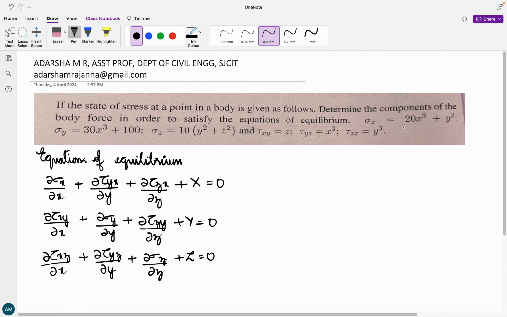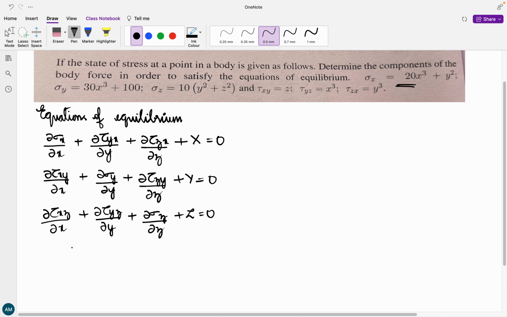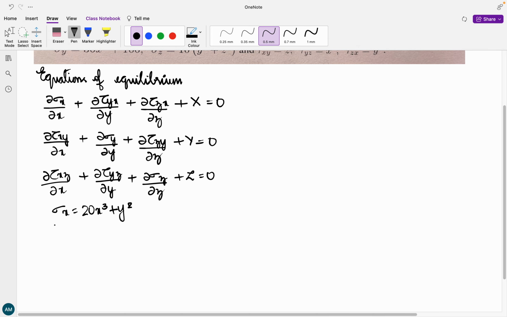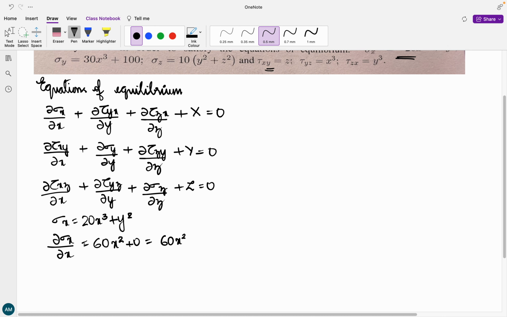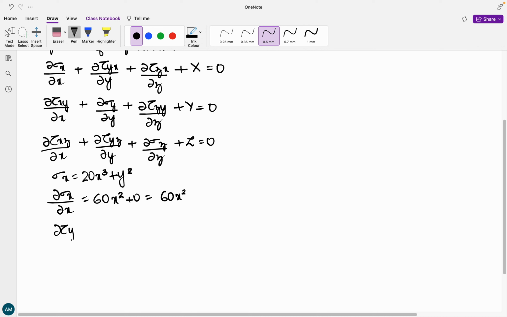Alright, to begin with, let us take up sigma x. Sigma x is equal to 20x cube plus y square. We want dou sigma x by dou x. Dou sigma x by dou x equals 20 into 3, it is 60 x square plus 0. I'll just write it as 60 x square. Next, tau yx, that is z. Dou tau yx, or xy, they are one and the same, by dou y, it is 0.